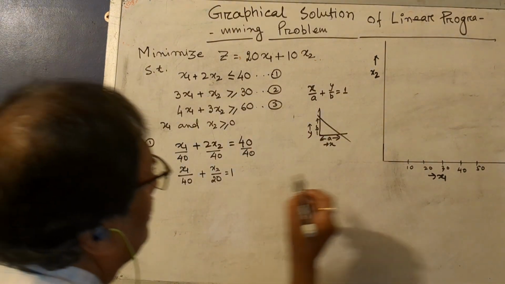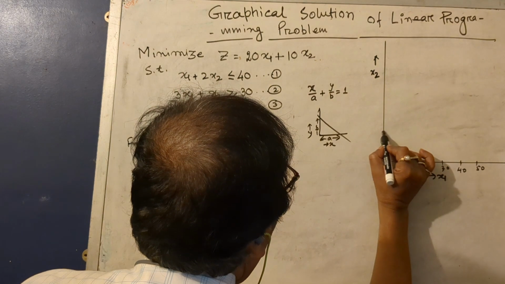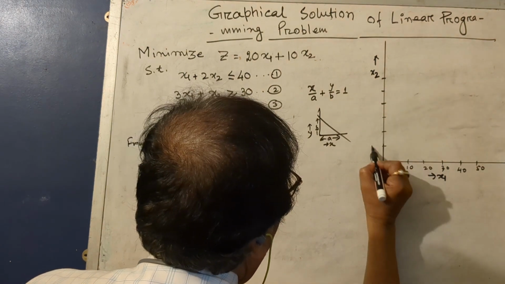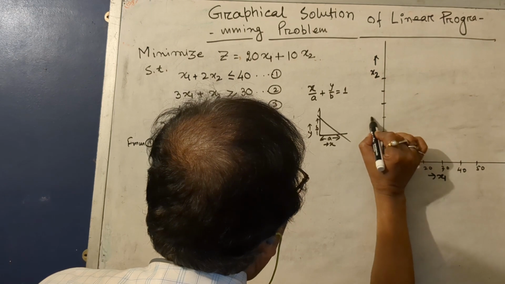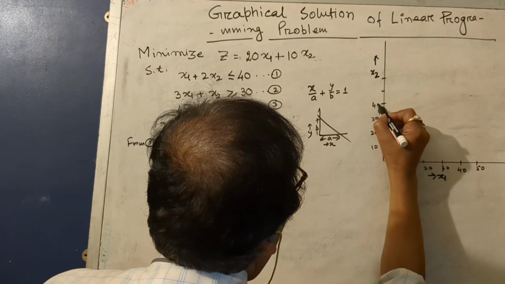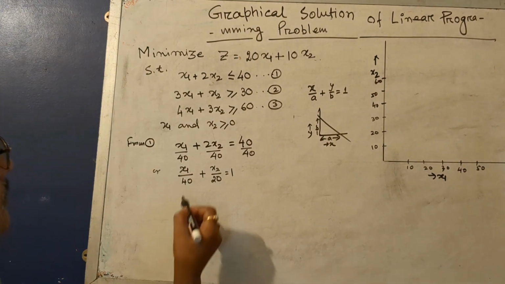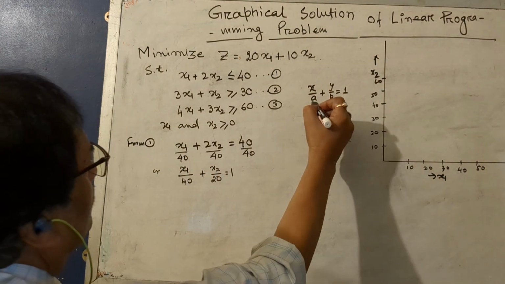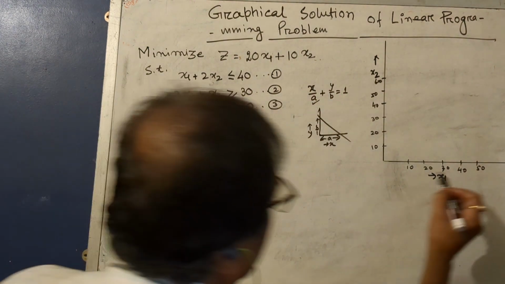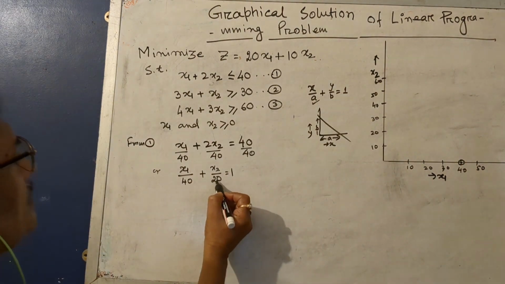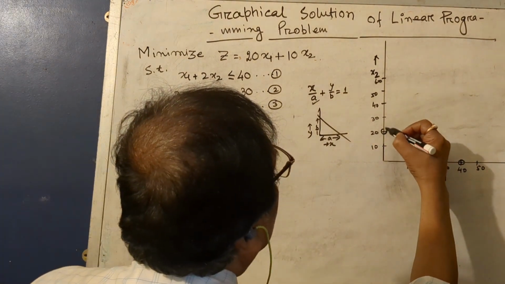So from x1, and similarly 10, 20, 30, 40, 50, 60. Now from the x-axis 40 units, that is this point. One point will be this, and x2 at 20 is another point.